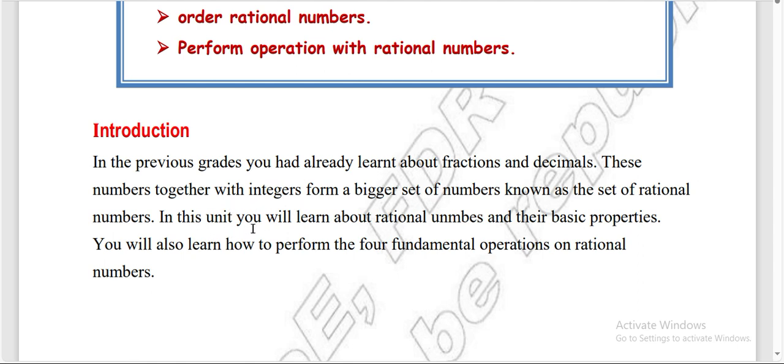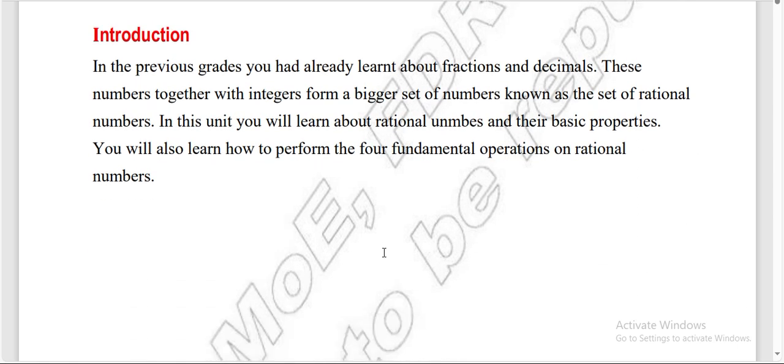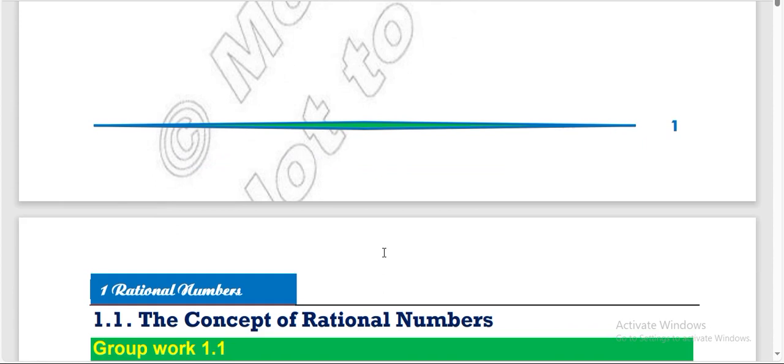In this unit, you will learn about rational numbers and their basic properties. You will also learn how to perform the four fundamental operations, multiplication, addition, subtraction, and division, on rational numbers. We will see them one by one in detail.